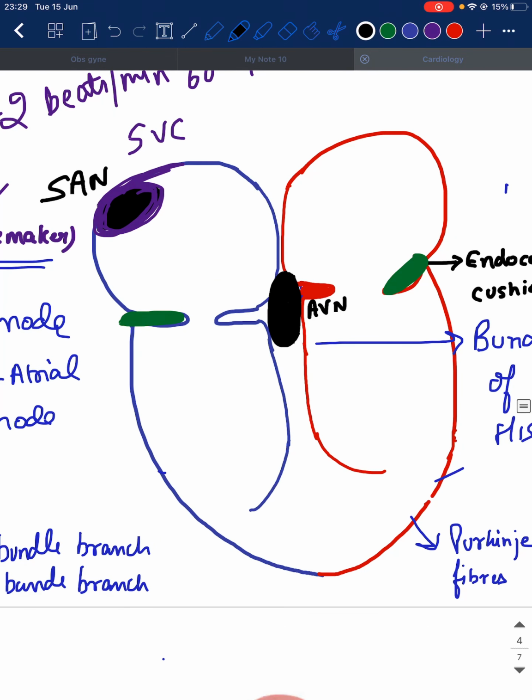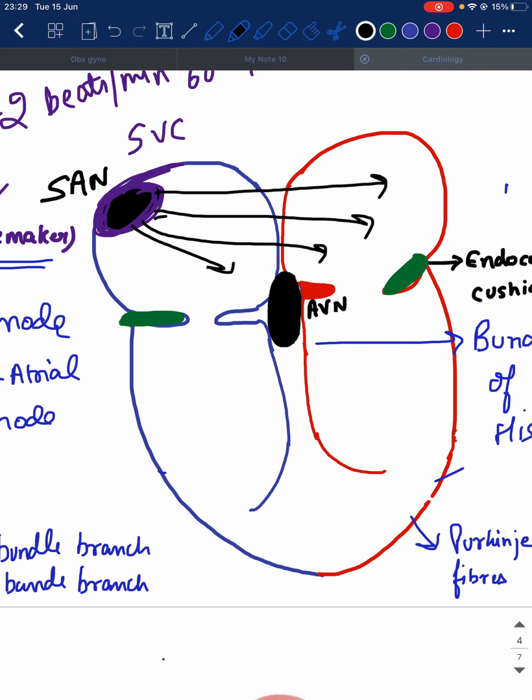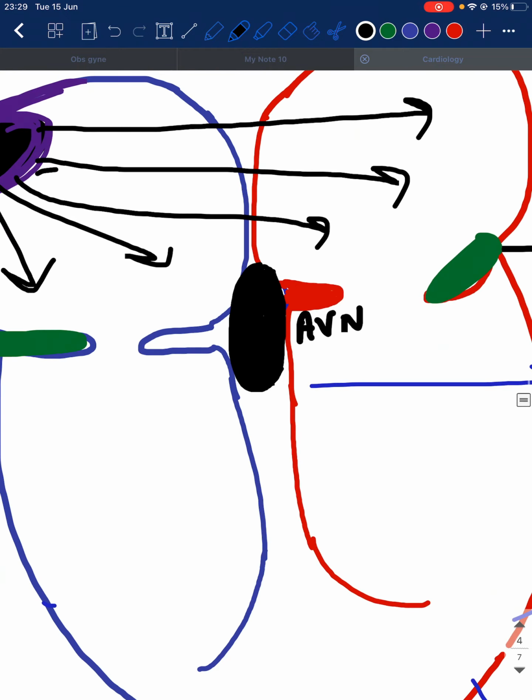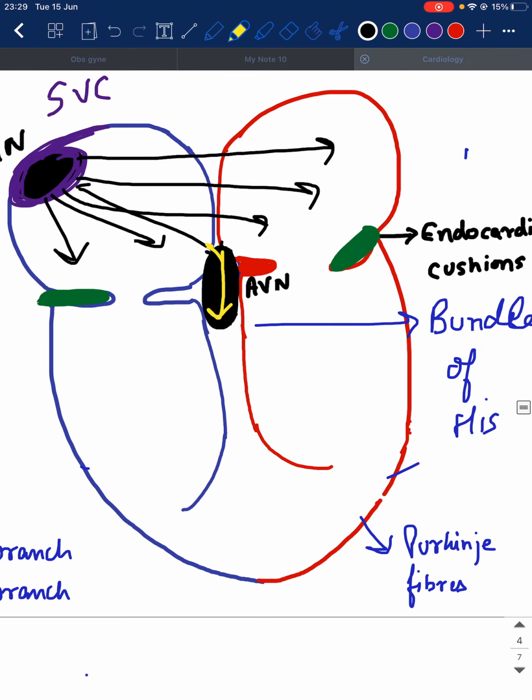Now from the SA node, the electrical conduction goes into both the atria simultaneously. So both the atria get excited, then the signal goes into the AV node, the atrioventricular node. It can also generate the rhythm, but when the SA node is there, it doesn't need to, obviously.